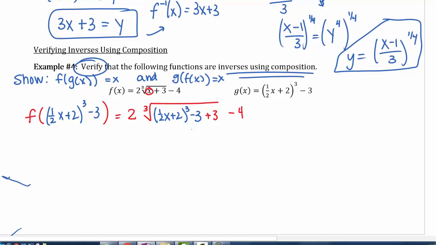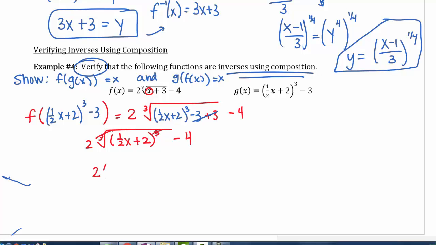And you have to follow your order of operations. So I'm going to start under the radical, and I notice negative 3 plus 3 is 0. So then I have 2 times the cube root of 1/2 x plus 2 to the third minus 4. Well, the cube root and the third power are inverses, so those cancel out.